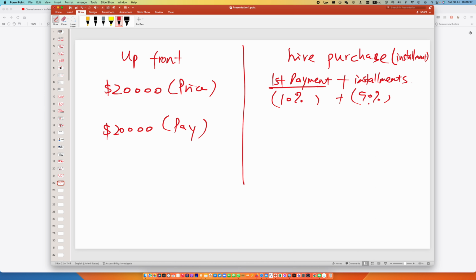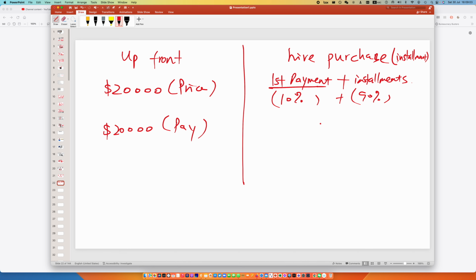For a house, HDB usually is 20%. For some other stuff it is 10%. If you pay for big ticket items, usually they will offer you the hire purchase, because not a lot of people have $1 million or $500,000 upfront. So just remember, hire purchase scheme is always first payment plus the installment.